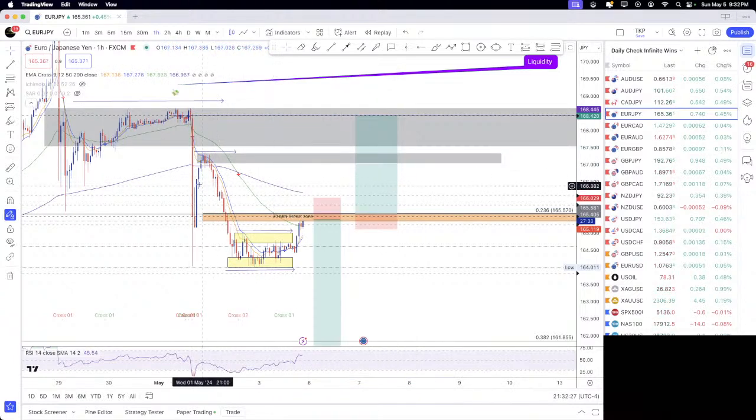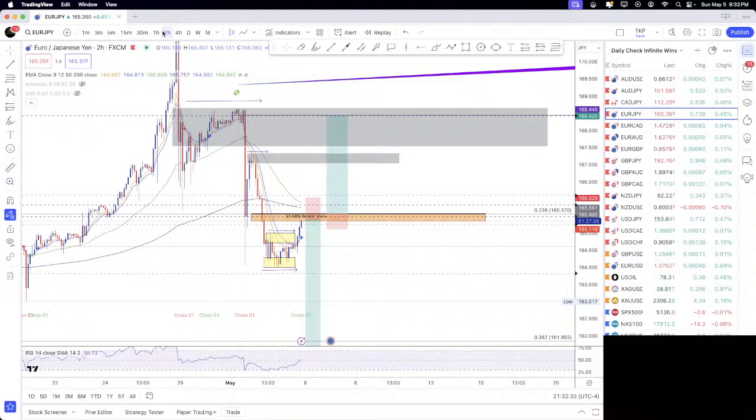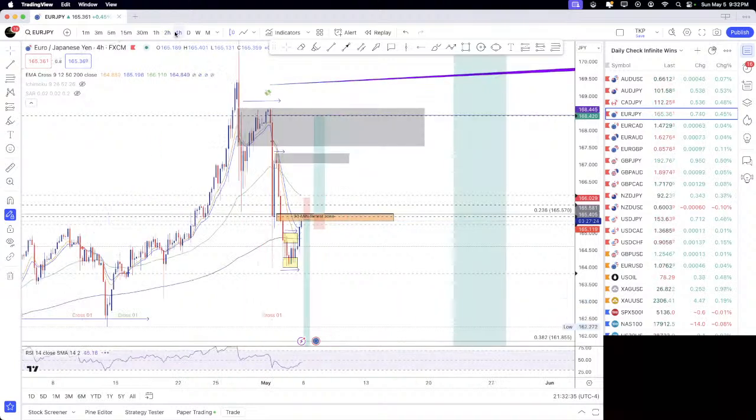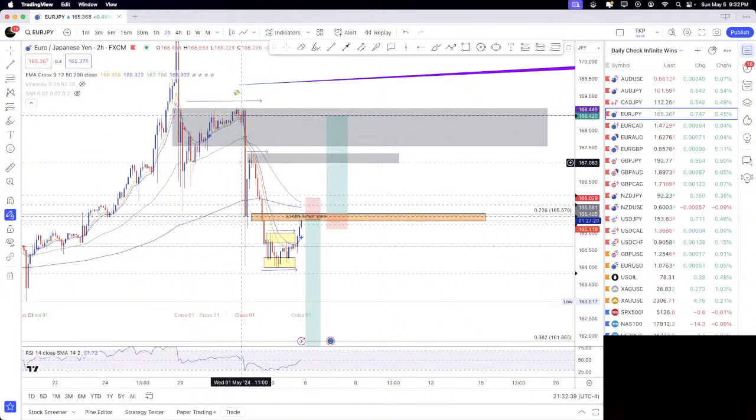We got two bear flags up there. Yeah, I wouldn't be surprised. Okay, then right on the 2 hour, looks like we got a double top up here. So we got a couple levels up here that could be retested.